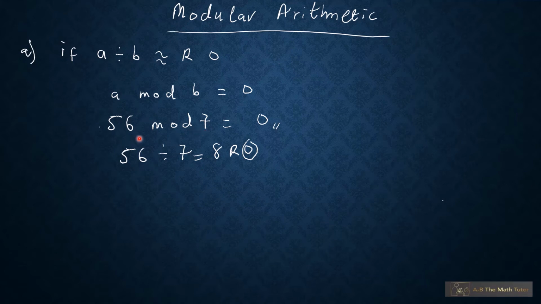Then our answer is straight away 0. It's the same way if you have 4 mod 2. Since 2 is a factor of 4, then we know that the final answer would be 0. So that's the first rule. Let's look at another rule.